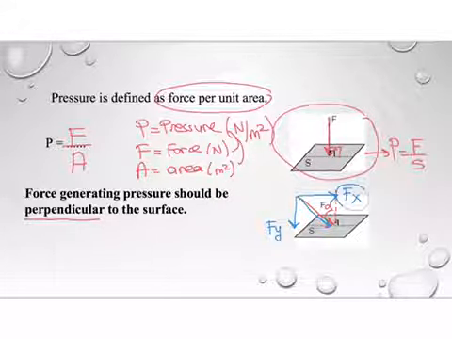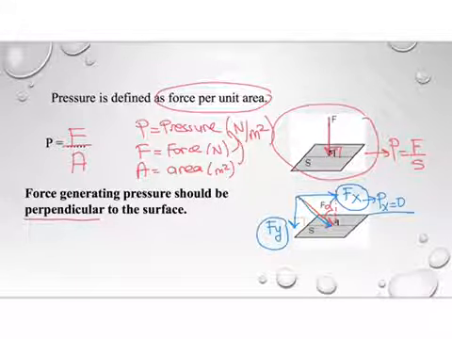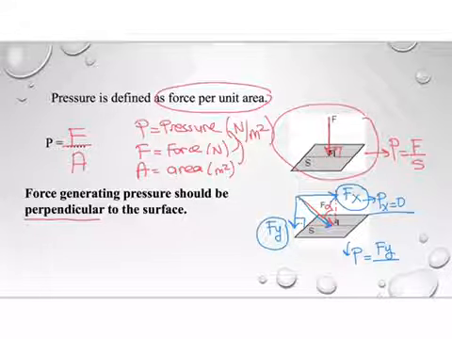The parallel component has no pressure on the surface because it's not in contact with the surface. But this one is perpendicular to the surface. So here the pressure will be the vertical component of the force over S.